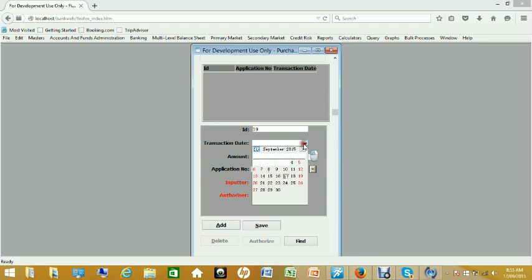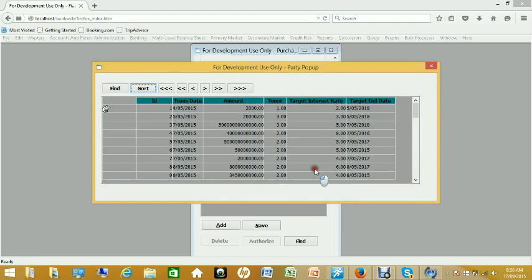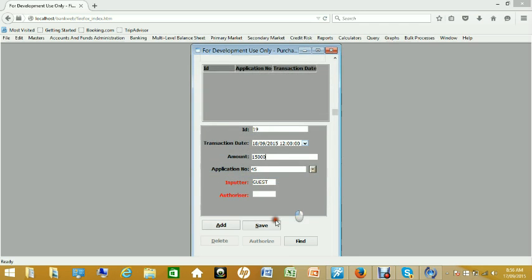So transaction date 18th of September, amount is 15,000, application number 45. Let's save a transaction.